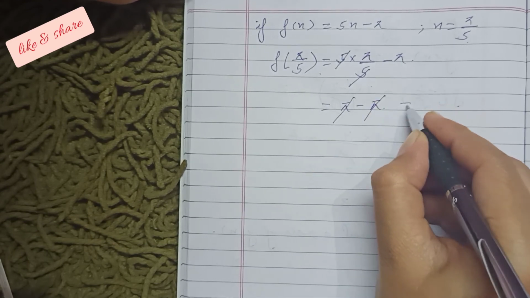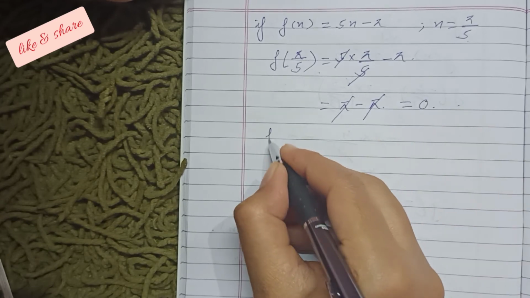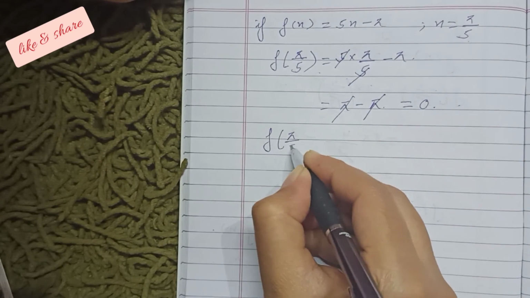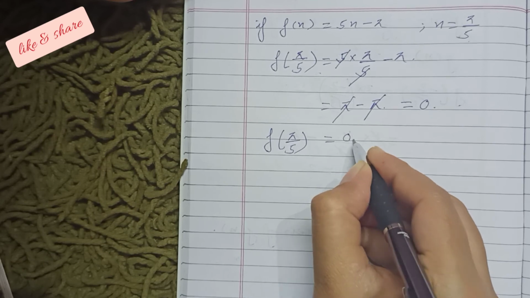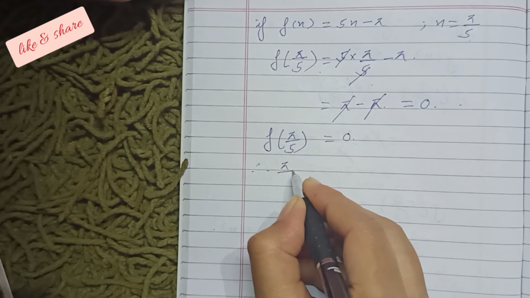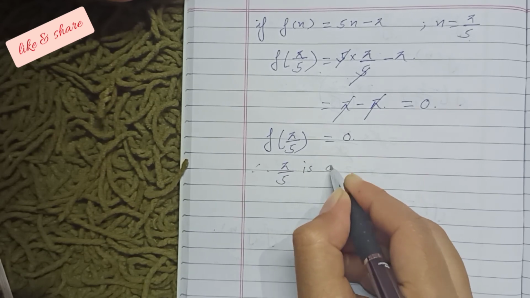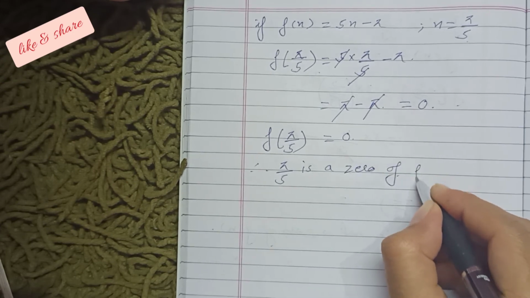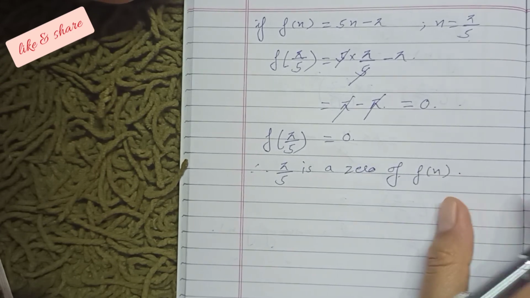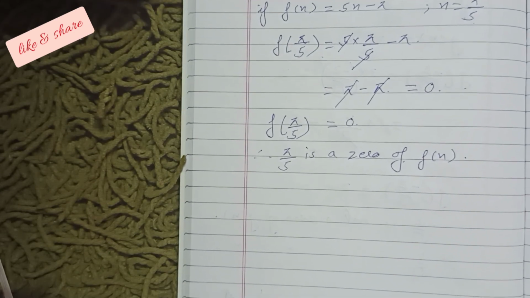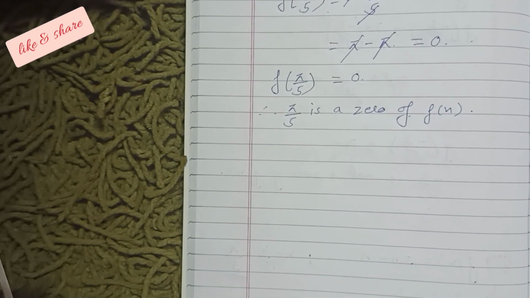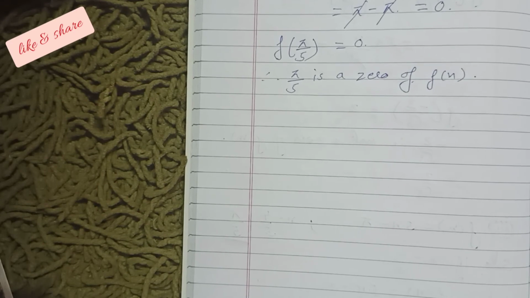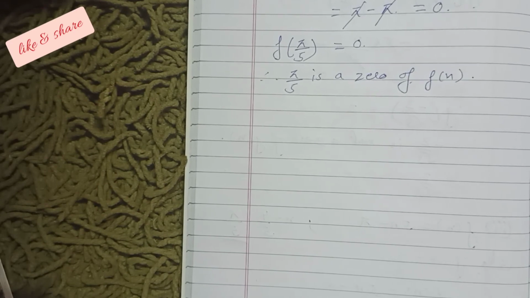These will also be cancelled out and we will get 0. So f of pi by 5 is equal to 0. Therefore pi by 5 is a zero of the given polynomial f of x. Okay, so in this way you can find out whether the given values are zeros or not. Now let us see the next question.